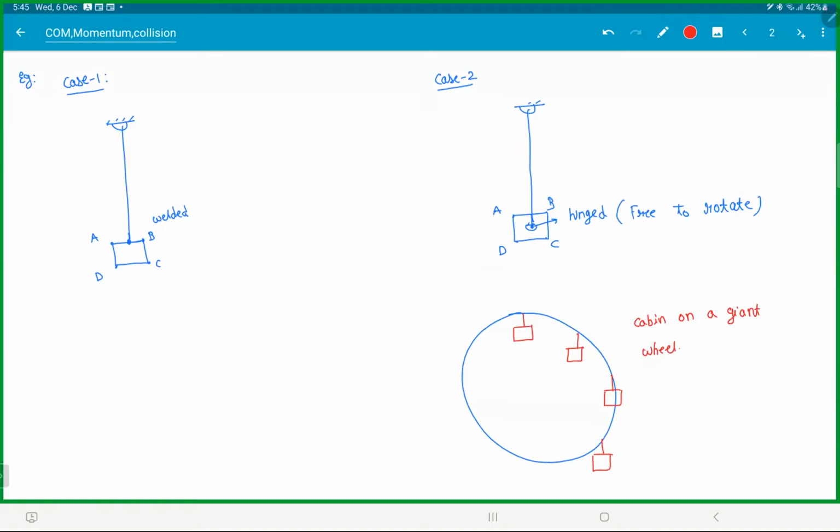Is the question clear? We have a block ABCD fixed. In the first case, it is welded. In the second case, it is hinged at the center. Which case is welded, and which case is translation, which case is rotation?